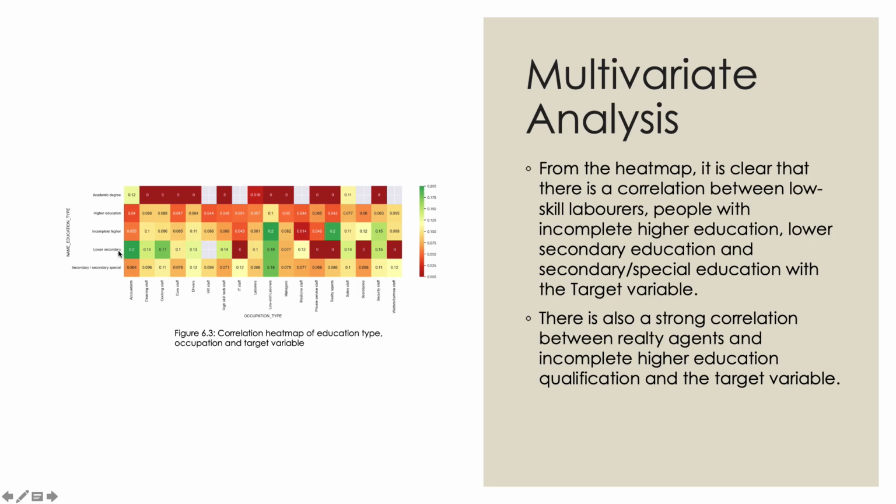But these accountants with lower secondary school level would have difficulties in paying their loan. So irrespective of the fact that accountants showed good promise and tendencies of being able to pay their loans, if you filter down more, you will see that accountants with lower secondary school level of education will probably have difficulties in paying their loan. So you have to look out for those kinds of people as well.